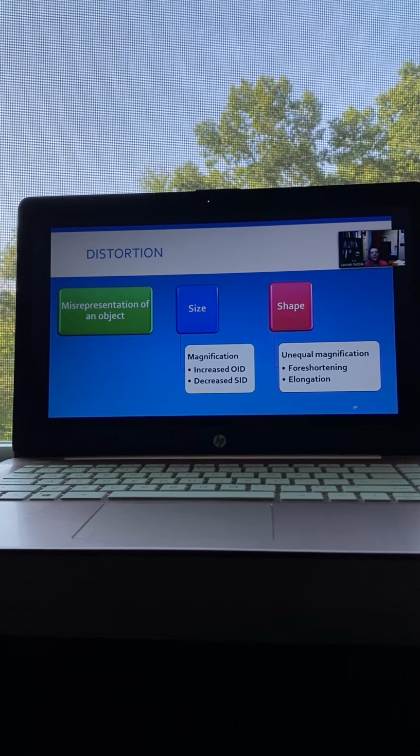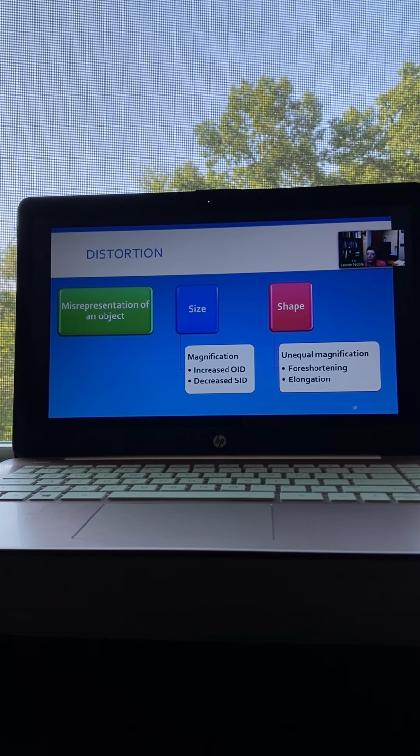Some textbooks will talk about distortion in a separate chapter from spatial resolution, but distortion impacts spatial resolution. And we'll be talking more about it, but distortion means that you have misrepresentation of an object. It's distorted, so it's not quite what it should be.